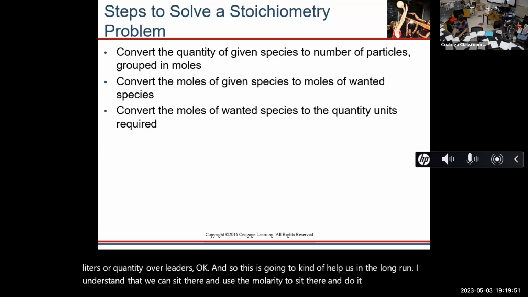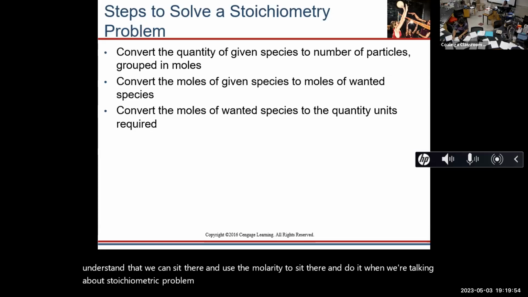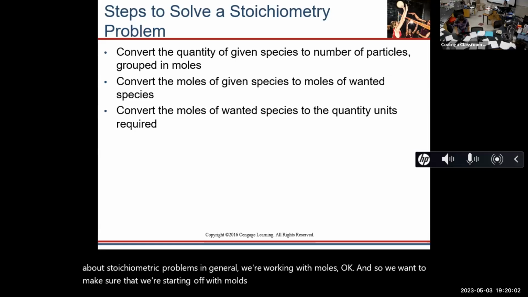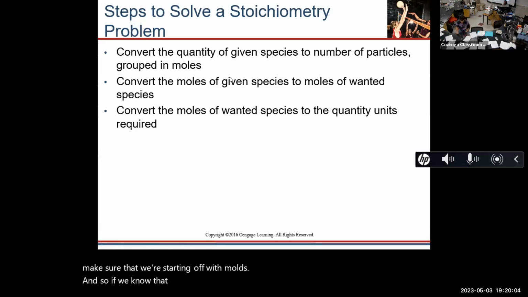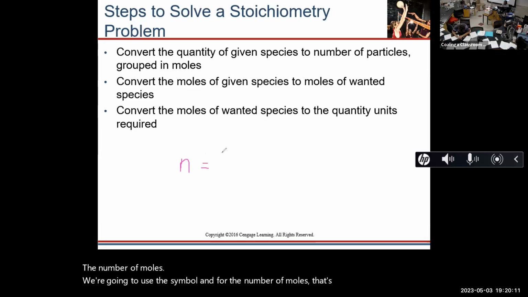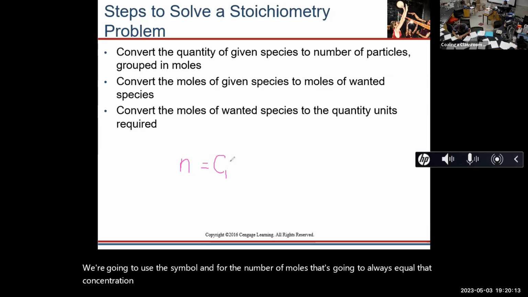When we're talking about stoichiometric problems in general, we're working with moles. So we want to make sure that we're starting out with moles. And if we know the number of moles, we use the symbol N for the number of moles, that's always going to equal the concentration, that C1 times the volume.